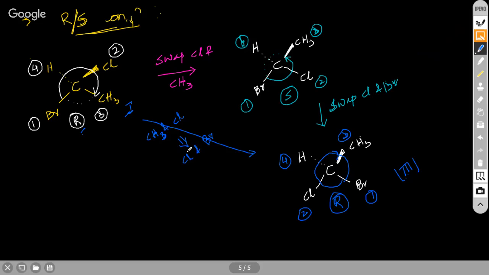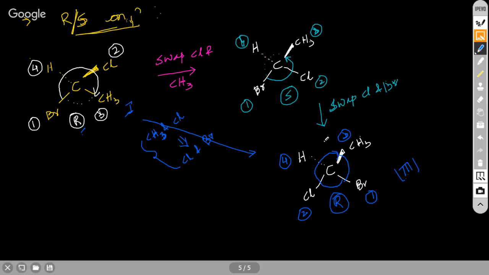Now, next, if you swap two pairs, then the configuration remains the same. If you swap one pair, then the configuration changes from R to S and S to R, right? So how can we generalize this? When we have an odd number of exchanges, the configuration changes from R to S and S to R. But if you have an even number of exchanges, even number of swaps, then the configuration won't change.